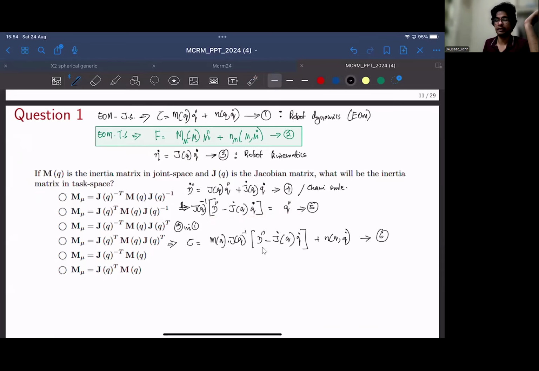And from statics that we have seen in the previous week, we know that tau is J transpose F. I'll call this equation 7. And we obtained this from robot statics, from the principle of conservation of power.